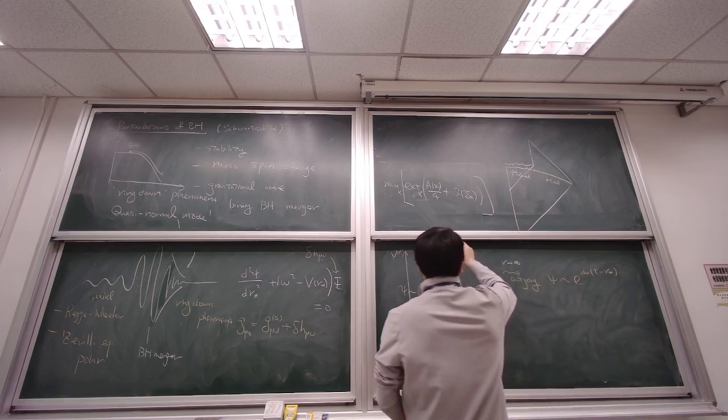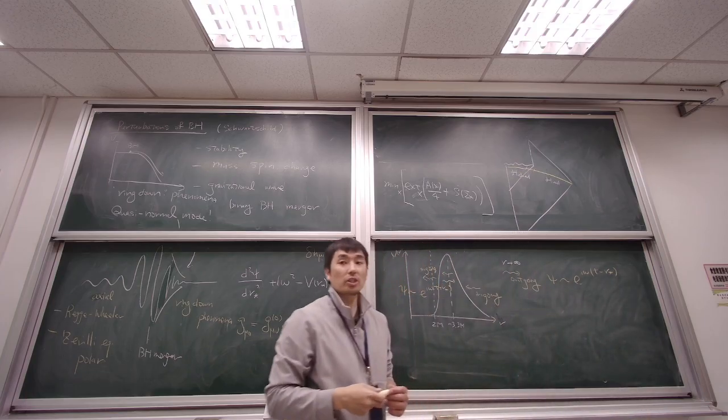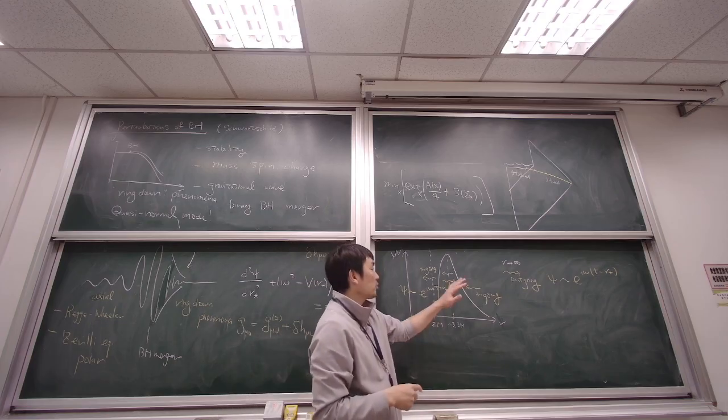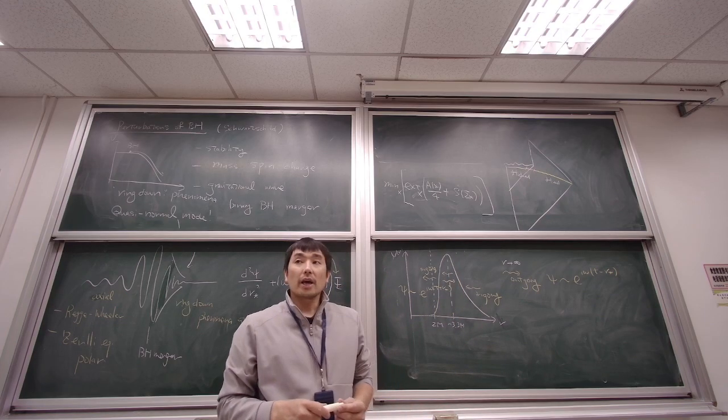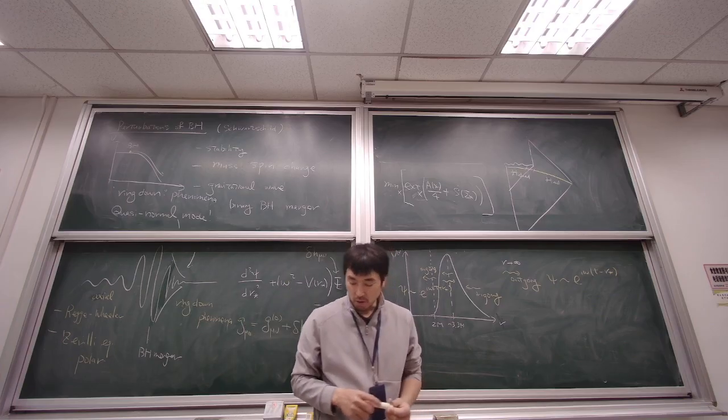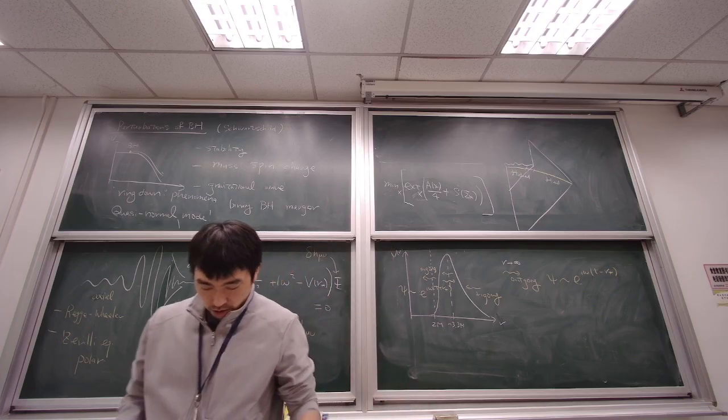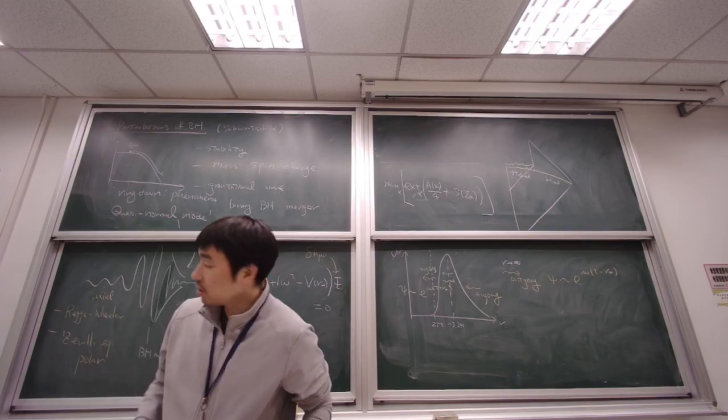In the middle you have some complicated potential, but you have a mixture of the scattered mode and the ingoing mode and so on. Those are called quasi-normal modes.